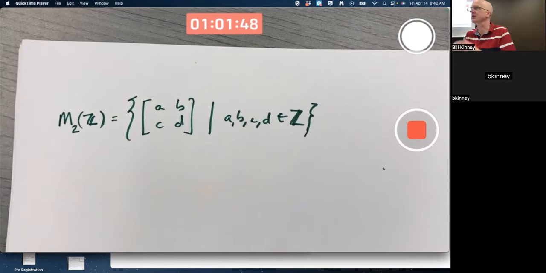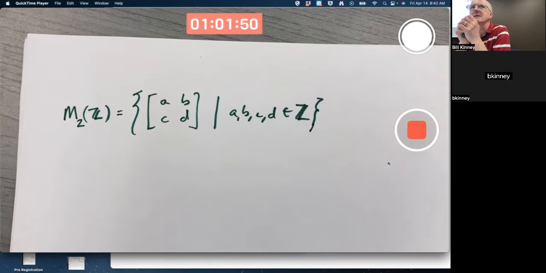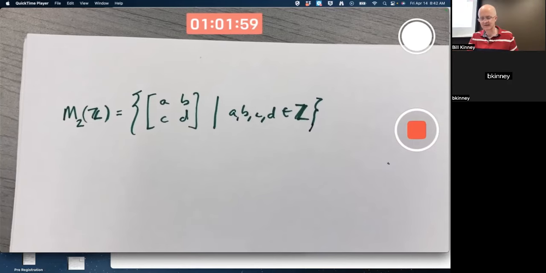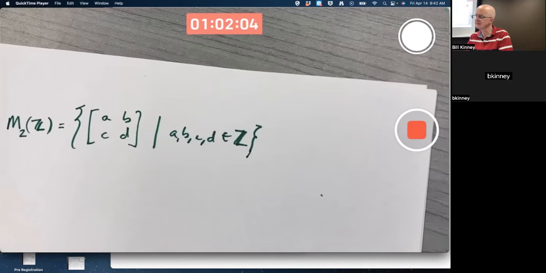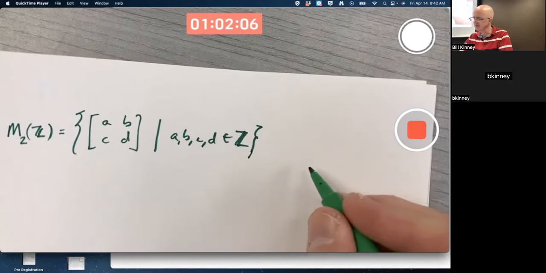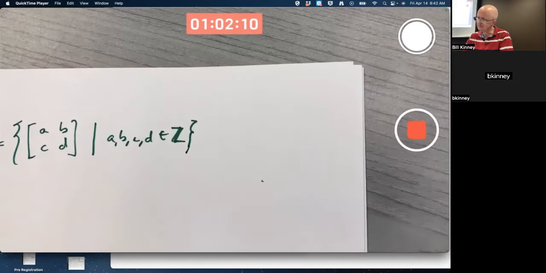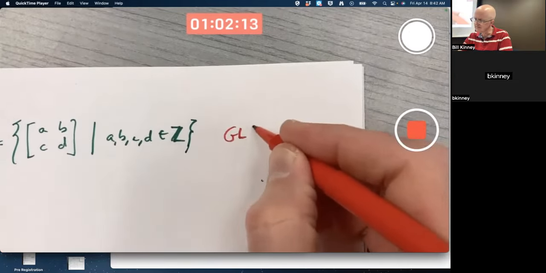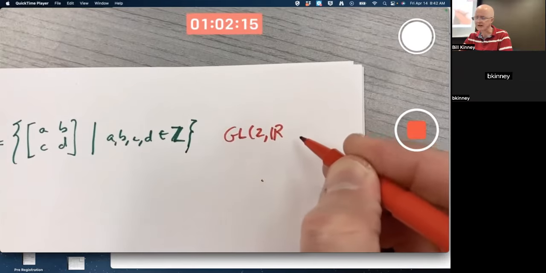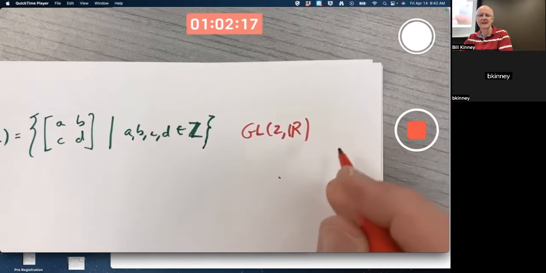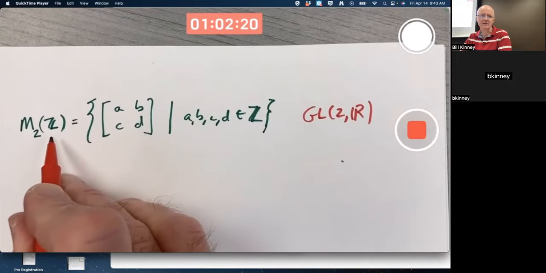We did talk about matrix groups of matrices. The most common example we talked about, both in class briefly and in the lectures, was GL2 Z, for example, or R. Let's use R. I could have used an R here as well.